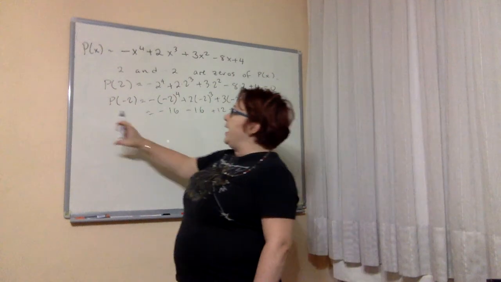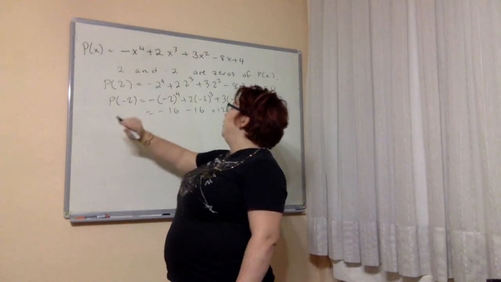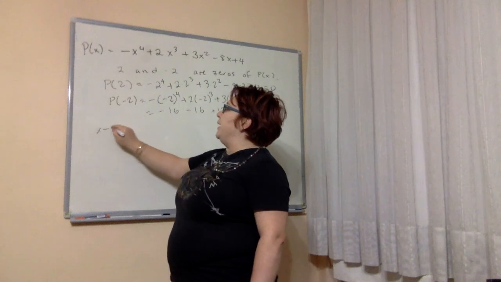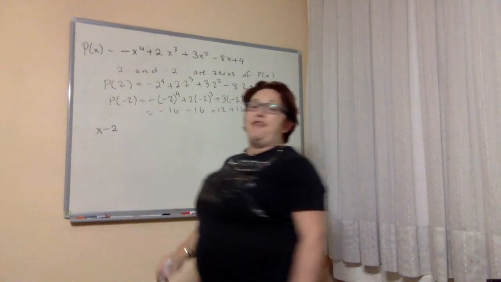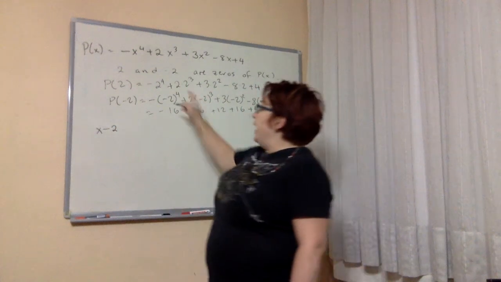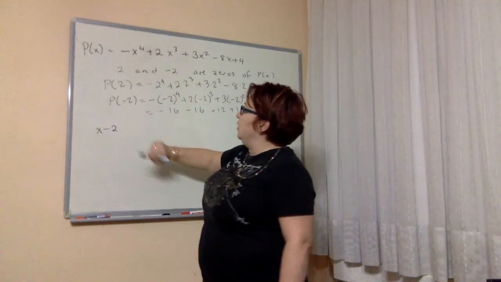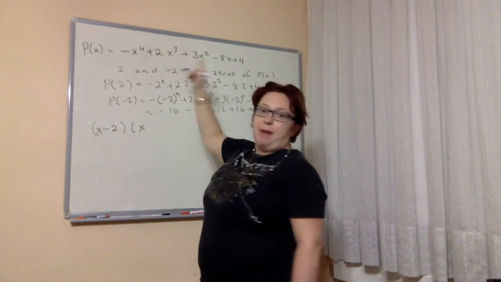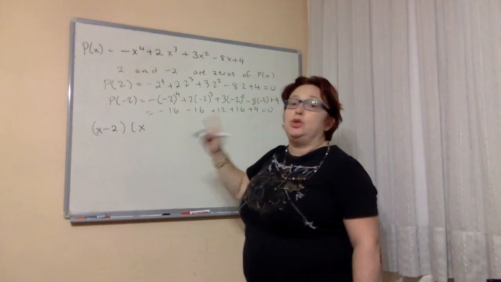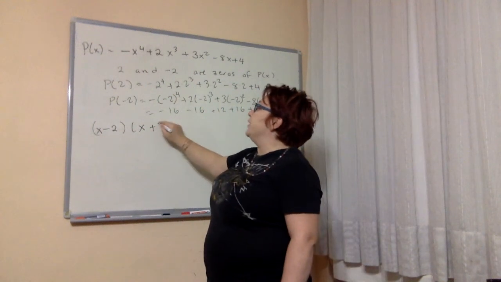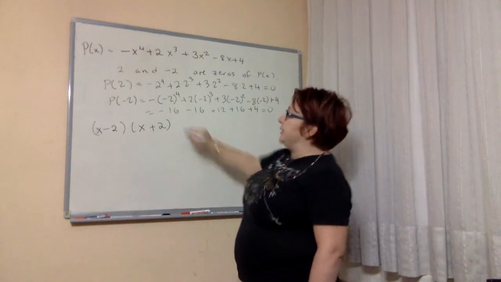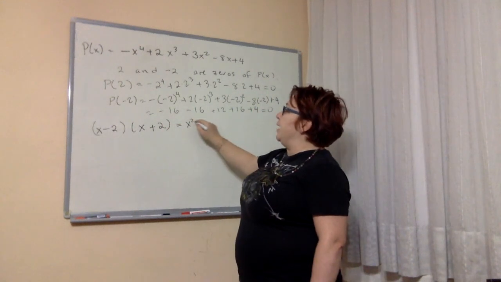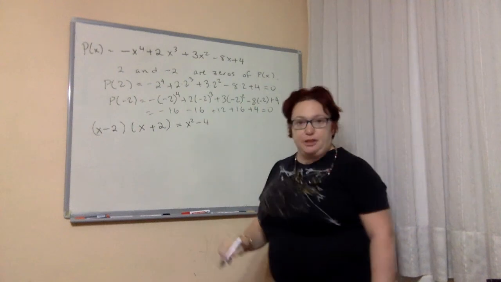What we can say is that if 2 is a 0, then x minus 2 is a factor. And if negative 2 is a 0, then x plus 2 is a factor of p of x. So combined, we can say x squared minus 4 is a factor of p of x.